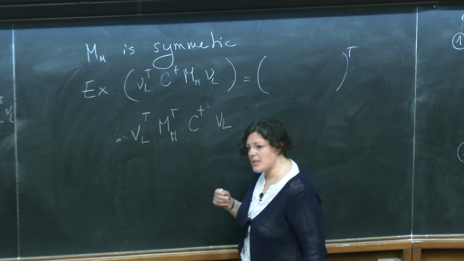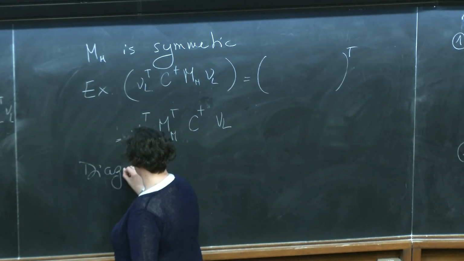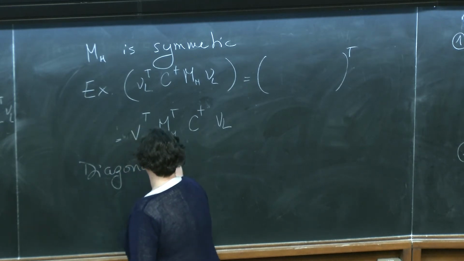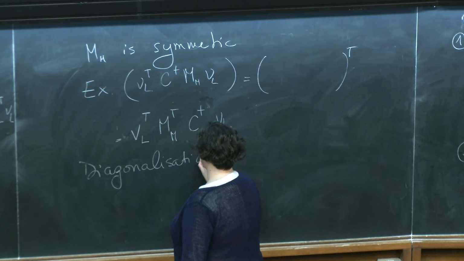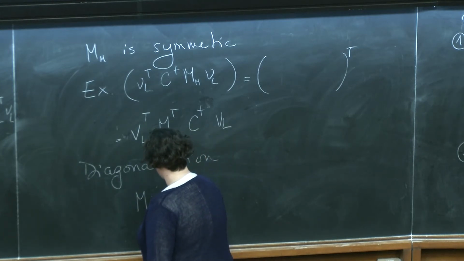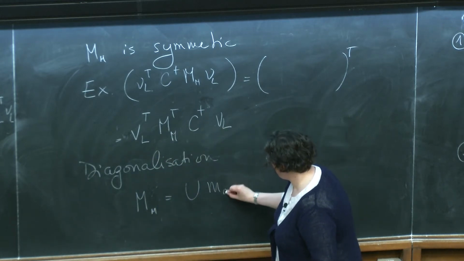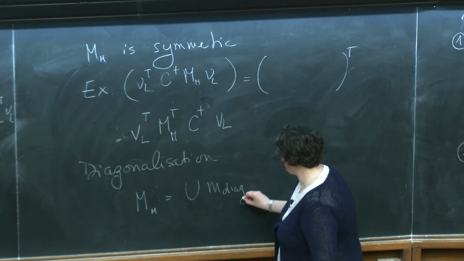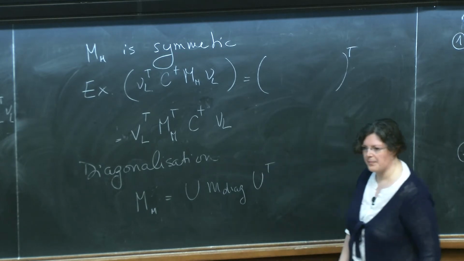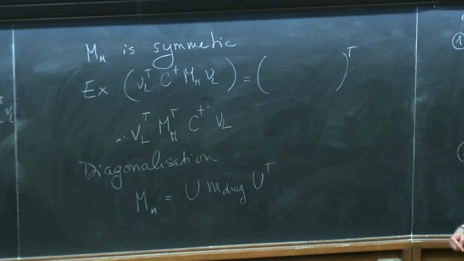Now, when I have a symmetric matrix, its diagonalization requires only one mixing matrix. I can always write M Majorana as a mixing matrix U, the diagonal part, and U transpose. This is the one which will enter into charged current interactions and from there into neutrino oscillations.